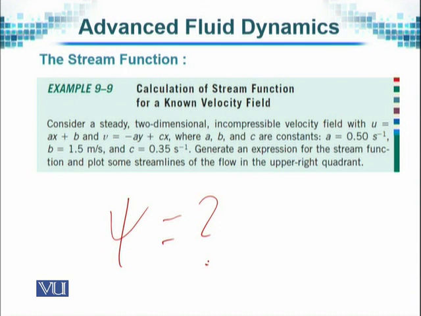Note that the values of constants in the earlier question were given in meters per second. The values of constants in this question are different: a is only something per second, b is meter per second, and c is some constant per second.